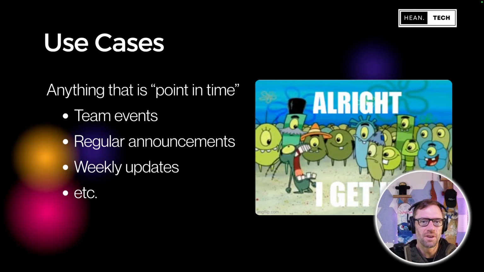That team update from last Friday is really relevant today, but in 3 months, it'll be a historical curiosity, I'll say. Or is there a team event? Hey, team, we had this great offsite. Here's what we did. That probably doesn't need to be a page. It probably doesn't need to live in the content hierarchy forever. That could be a blog post detailing what we did, and then later we could go back and look at it to plan the next one, for example.